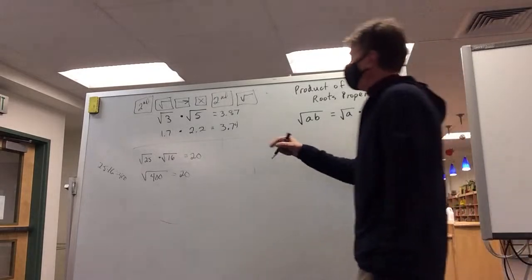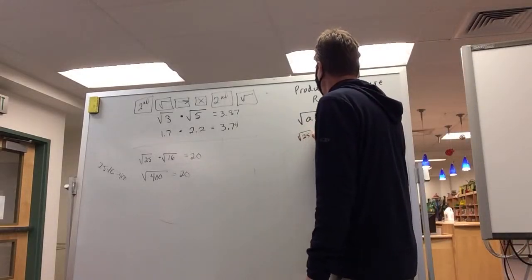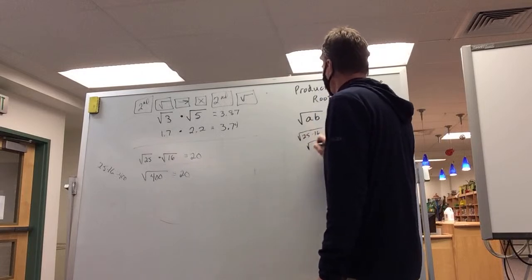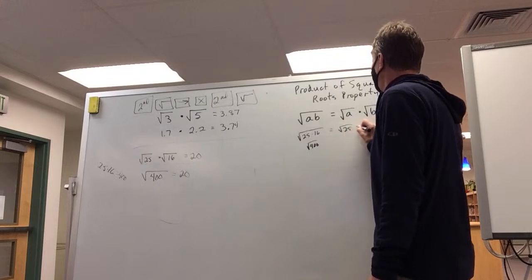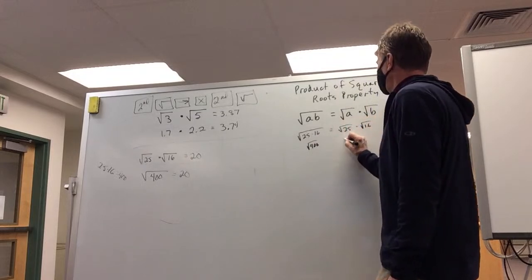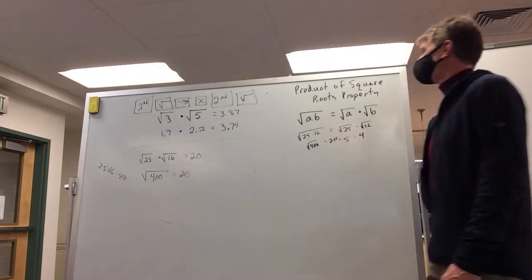So the example that we have here was the square root of 25 multiplied by 16, which is the square root of 400. And that's equal to the square root of 25 times the square root of 16, which is 5 times 4, which is 20.